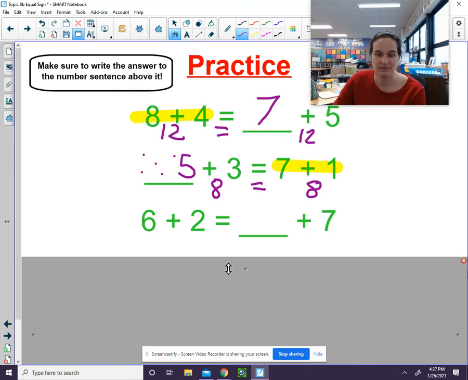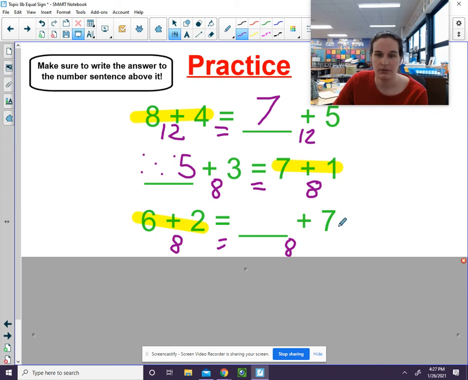Okay, let's try this one. So 6 plus 2 is the part we need to solve first, because again, it's the part we know. Well, what's 6 plus 2? 2 more than 6 is 8. Okay, I'm going to put an 8 down here to help me remember that I need to get to 8.